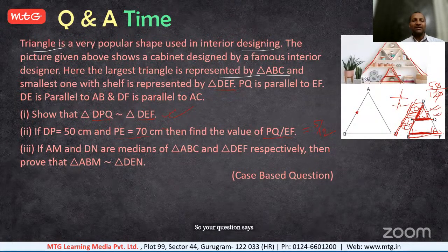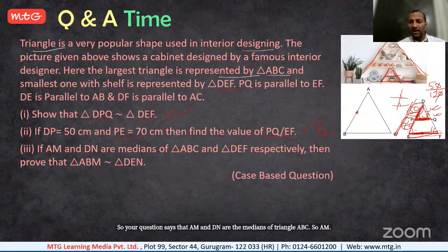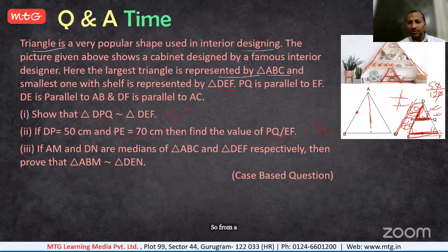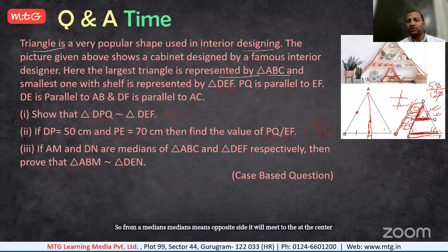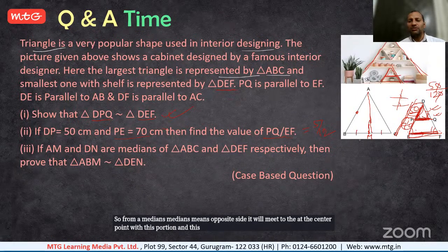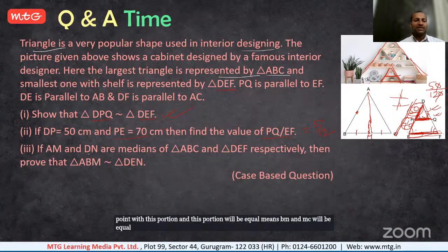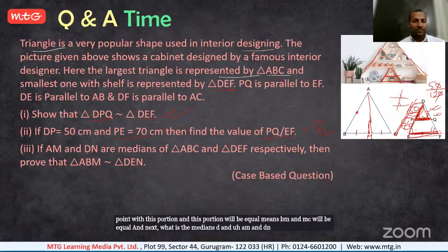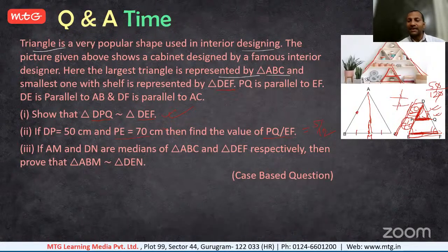The question says that AM and DN are the medians of triangle ABC. Medians mean the opposite side meets at the center point, so this portion and this portion will be equal, meaning BM and MC will be equal. And next, AM and DN are the medians of triangle DEF.